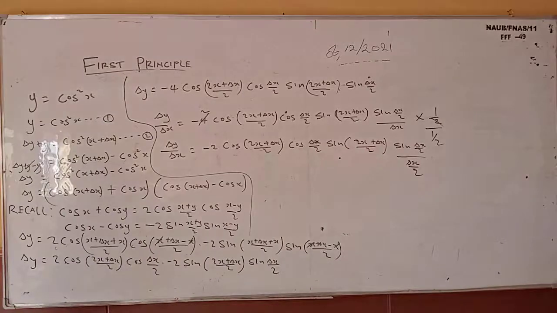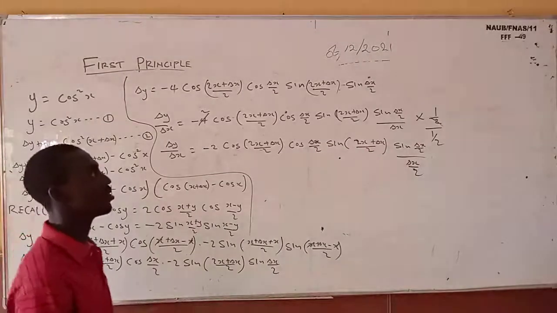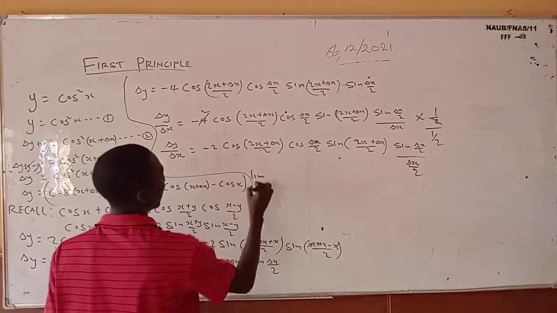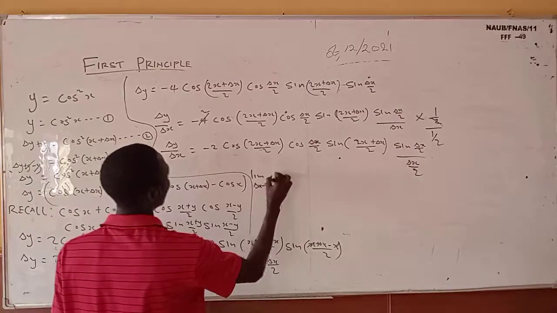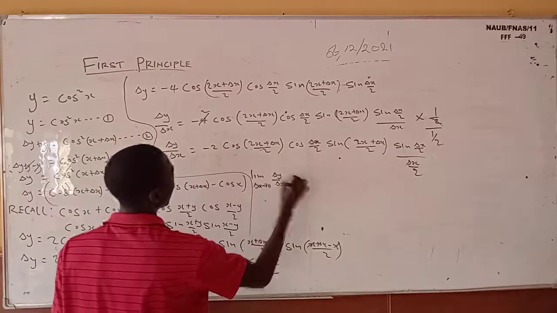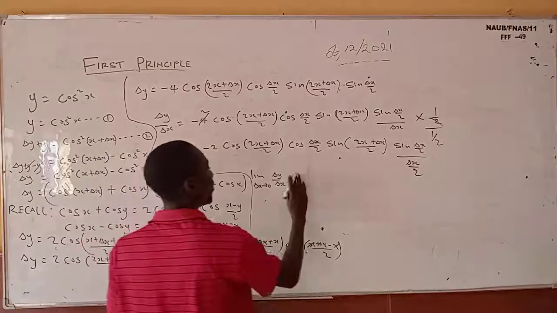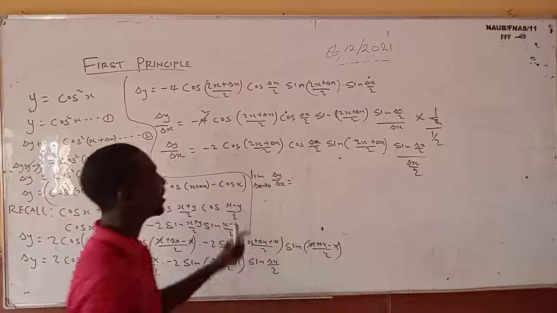We take the limit as change in s approaches 0. So it means that the limit as change in s approaches 0 of change in y over change in s will be equal to, we take the limit individually. It doesn't mean that you must take the limit individually.